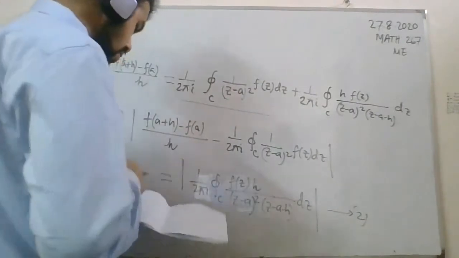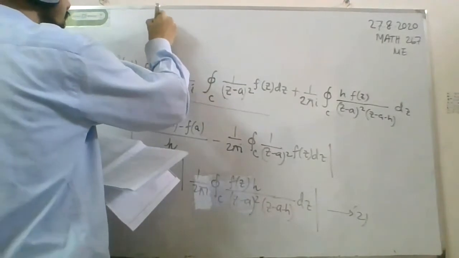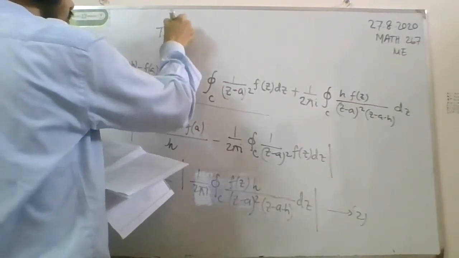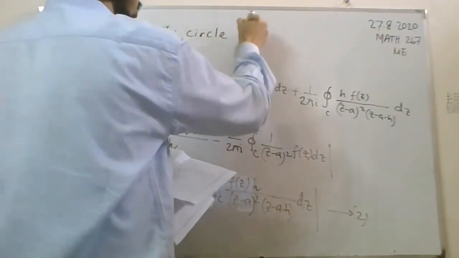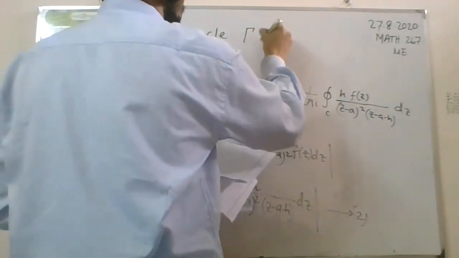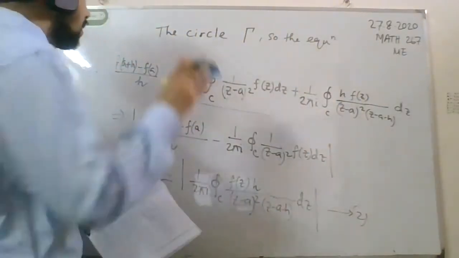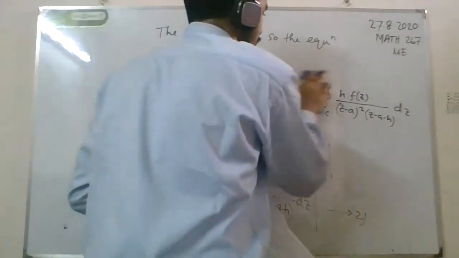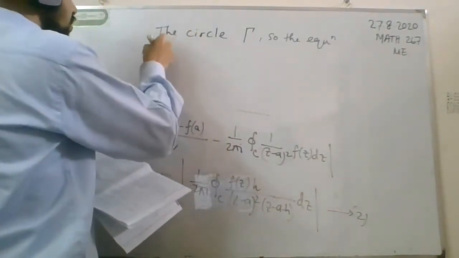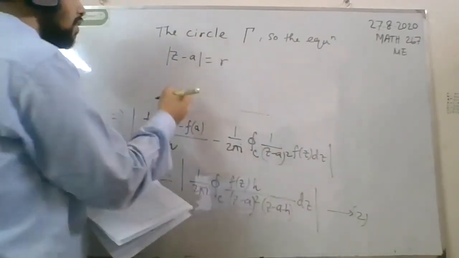Now also you know the circle, so the equation can be written like this. You can also say here modulus of z minus a equals r, for radius r and the point a.